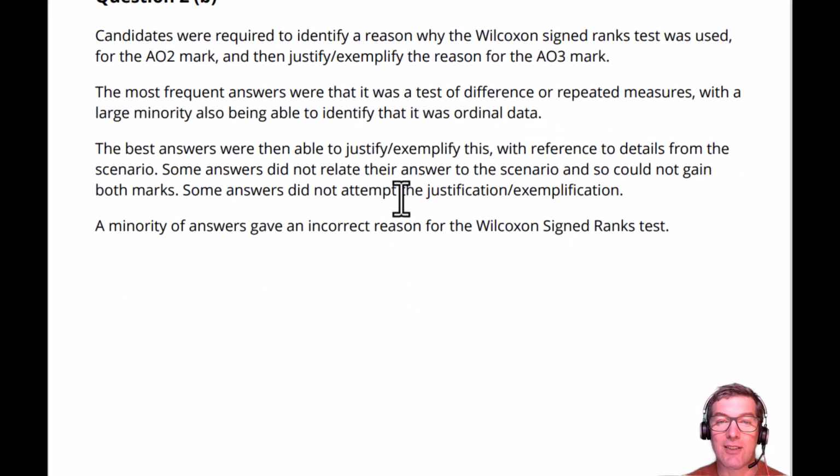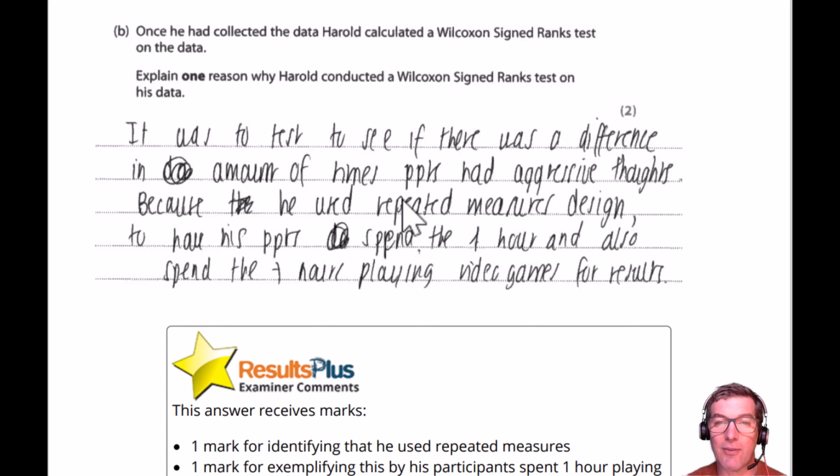So if we come back to the example answer we've been given, why was it the Wilcoxon test? It was used to test to see if there was a difference in the amount of times participants had aggressive thoughts, because he used a repeated measures design to have his participants spend the 1 hour and also spend the 7 hours playing video games for results.